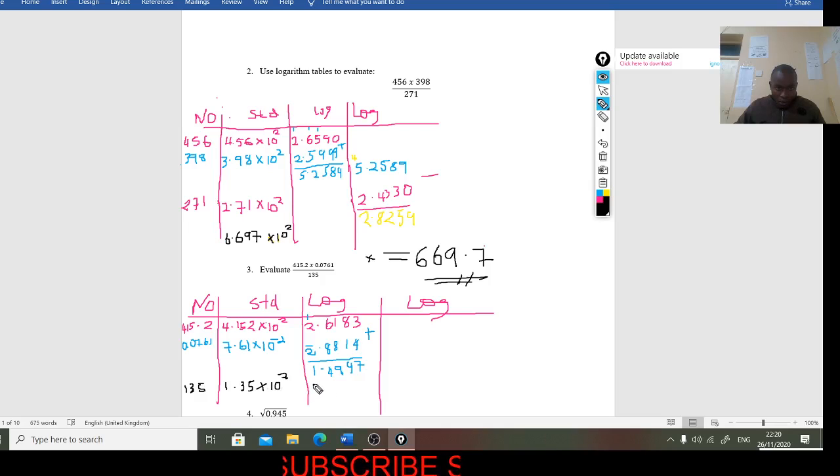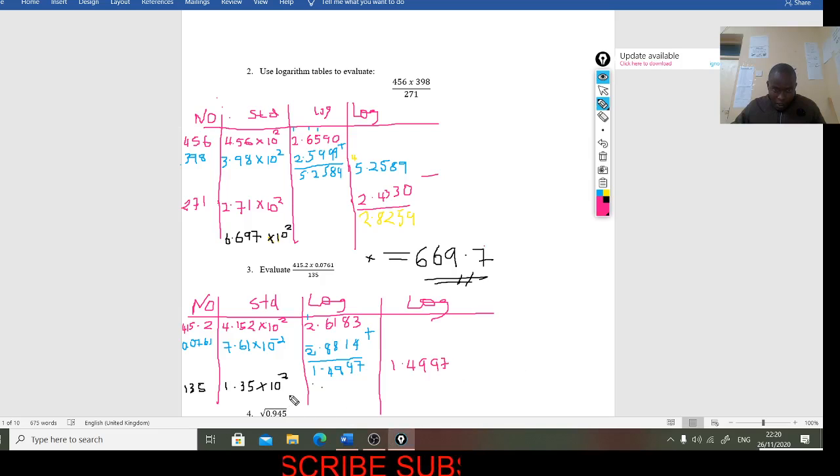So I start with power 2 point. I find the logarithm of it. Like I said, I bring this to the other side to avoid confusion. I could bring this one here, I could bring it as 1.4997.